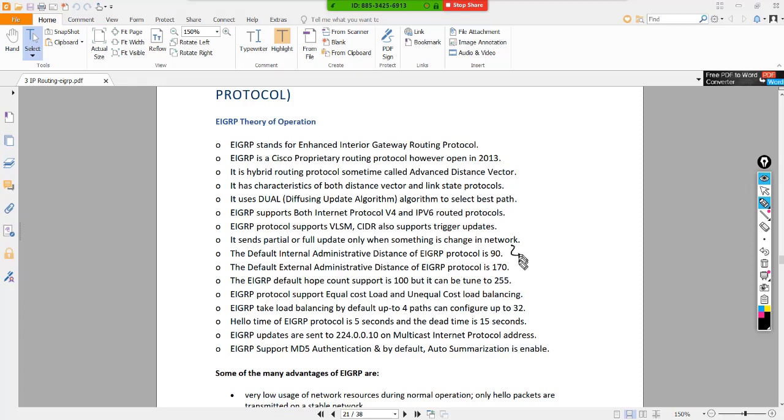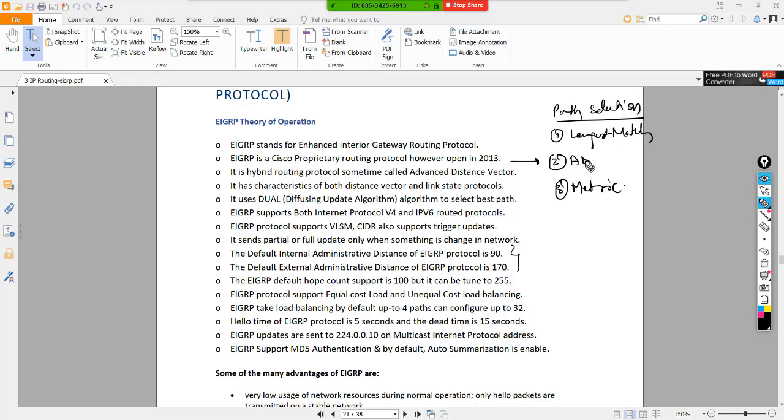Now there is the AD value. We discussed, if you remember, the 3 path selection factors in routing. The first one is called longest match. The second one was called AD, administrative distance, and the third one was called metric. Okay, what is AD? The trustfulness of any routing protocol.